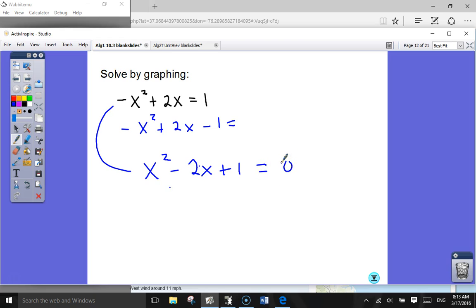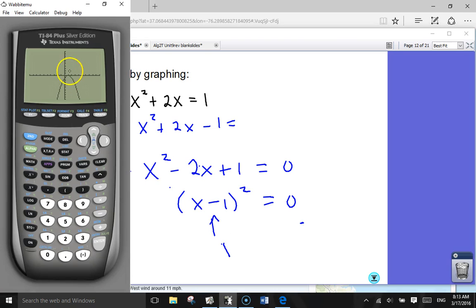And then I can factor that pretty easily. That's x minus 1 squared. It's a perfect square trinomial. And what's the solution if it's x minus 1 squared equals 0? 1. So you don't have two factors, right? With perfect square trinomials, you just got 1 squared. So that's what it looks like on the graph, right? It'll look like it touches the x-axis, and then it goes back the same way it came.